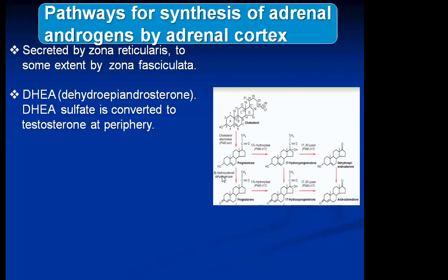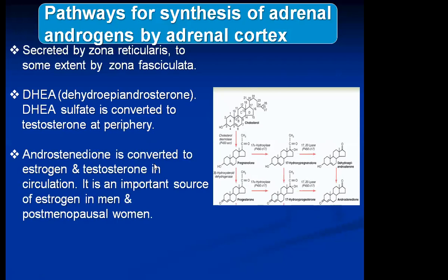Just show the various main compounds like cholesterol, pregnenolone. If you can remember the enzymes, well and good. But definitely you have to show all these byproducts and which are the precursors. Now we had seen that DHEA is converted to testosterone at the periphery, while androstenedione is converted to estrogen as well as testosterone in circulation.